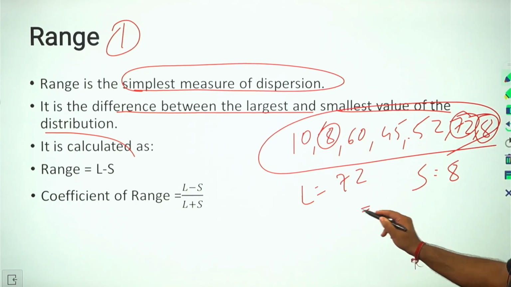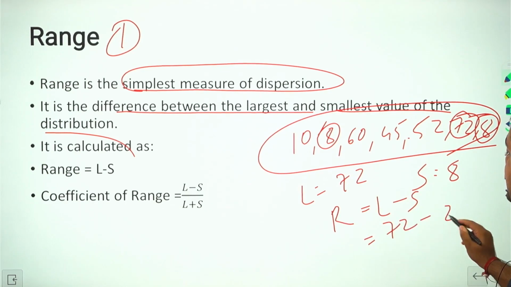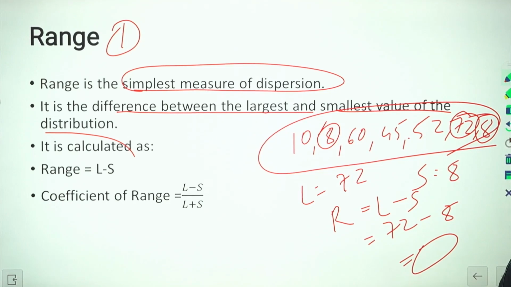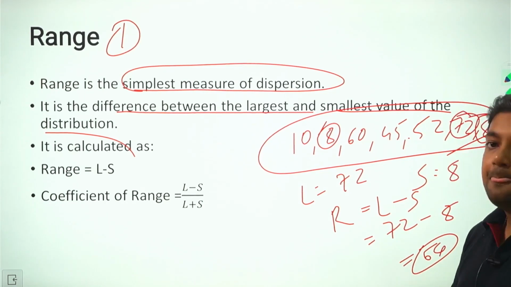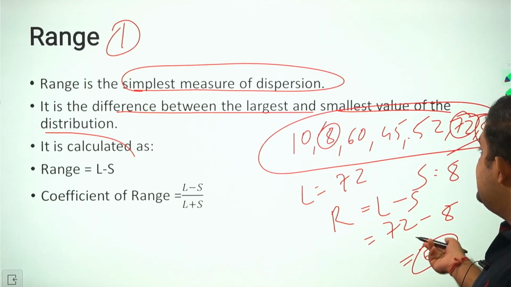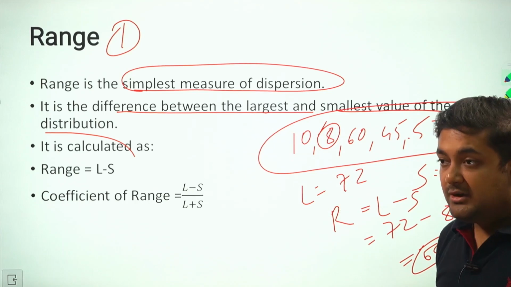So ইয়াৰে range কি হ'ব, L minus S, 72 minus 8, যোনটো পাবা সেইটো range, that is 64. Right.